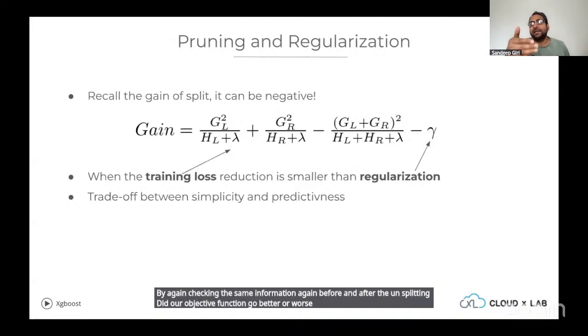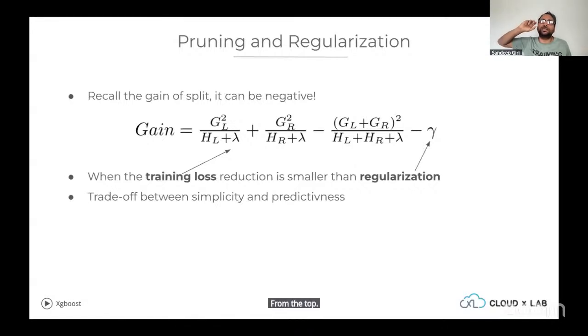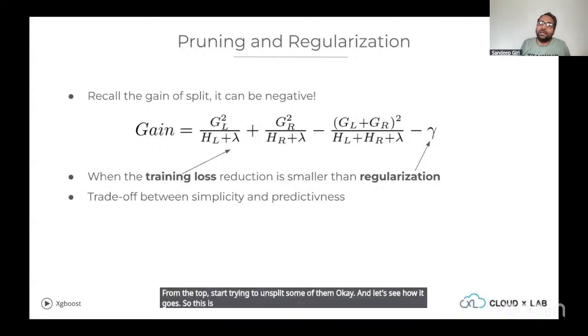So once you're done training the full tree, you start again from the top, not the bottom, and try to unsplit some of them and see how it goes. This technique is called pruning. Pruning is undoing the split.